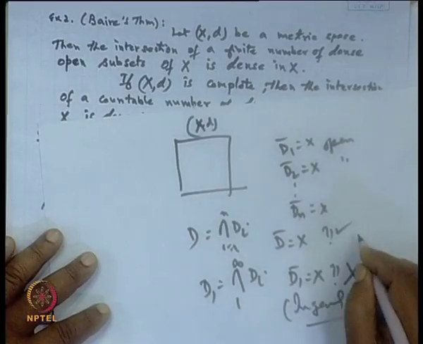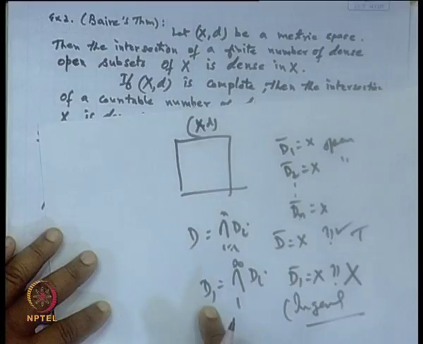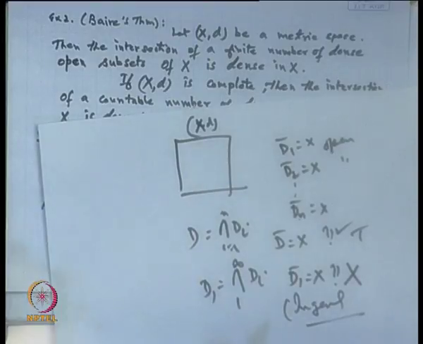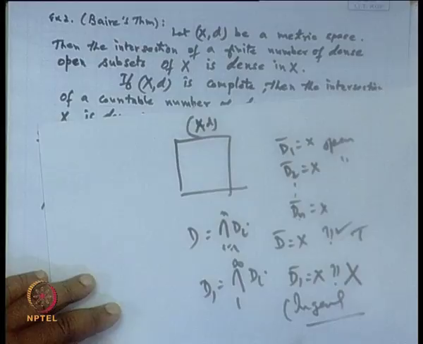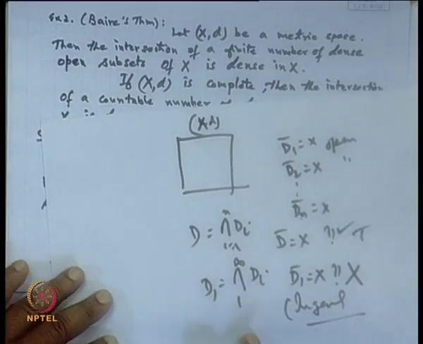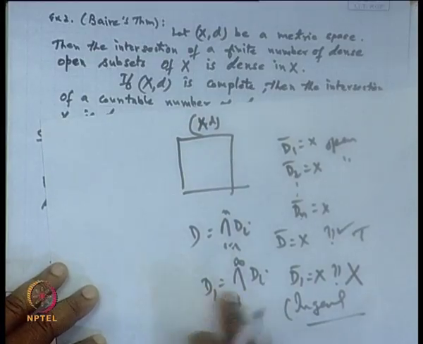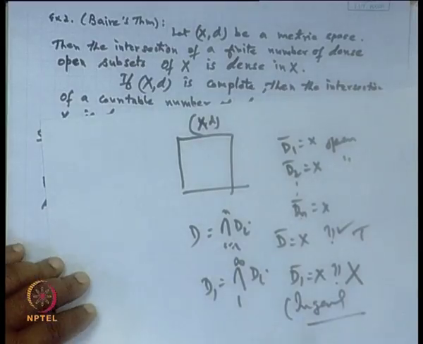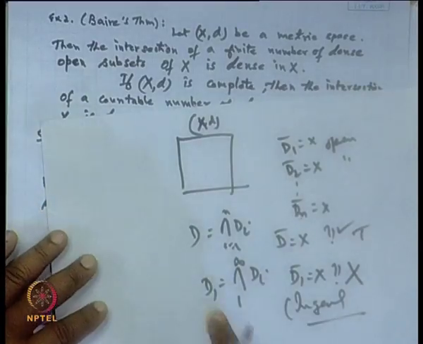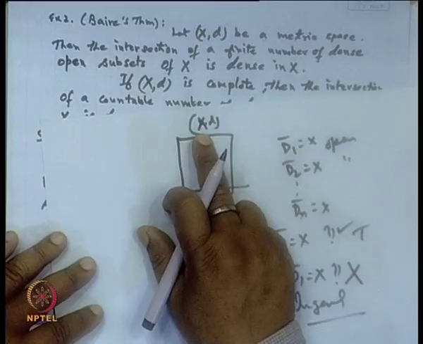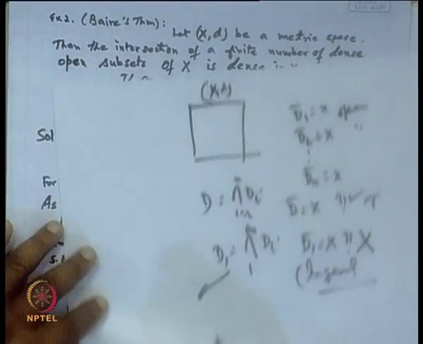The finite case is true in general, but if we take an arbitrary intersection of dense open subsets of a metric space X, then the intersection need not be dense in X. But if X is a complete metric space, then this result will hold.